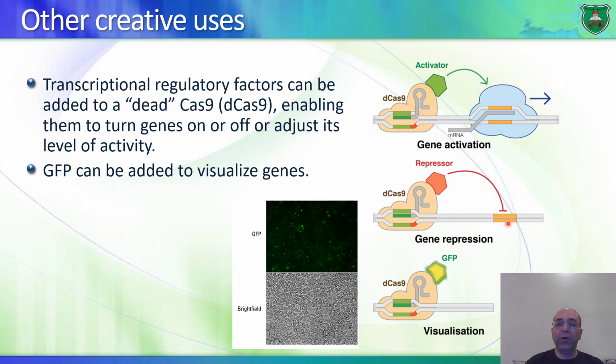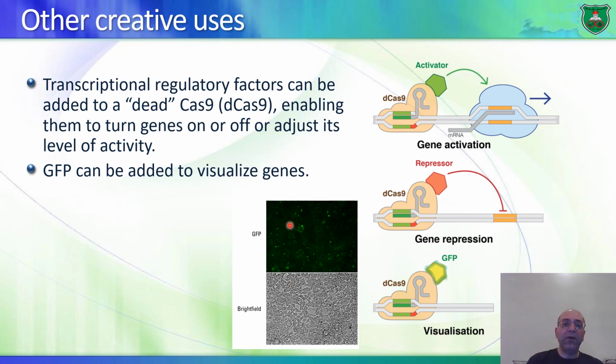Someone might say, well, why don't we have a green fluorescent protein associated with the Cas9 system? We want to see what cells take up the Cas9 protein or the plasmid that contains the Cas9. We want to study these cells individually, and we want to see what happens to them if we do this or that.